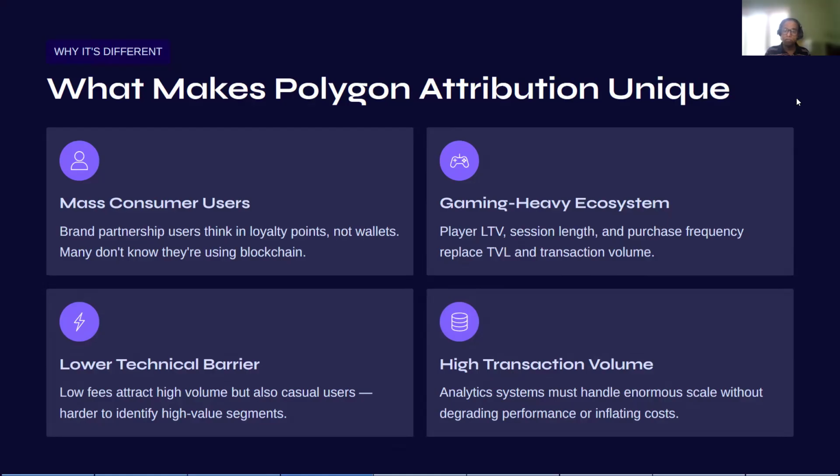So you need to collect the data from the Polygon network and combine it with the data from Web2, and then understand it with various graphs, tools, and technologies so that you can identify what exactly the customers are doing.